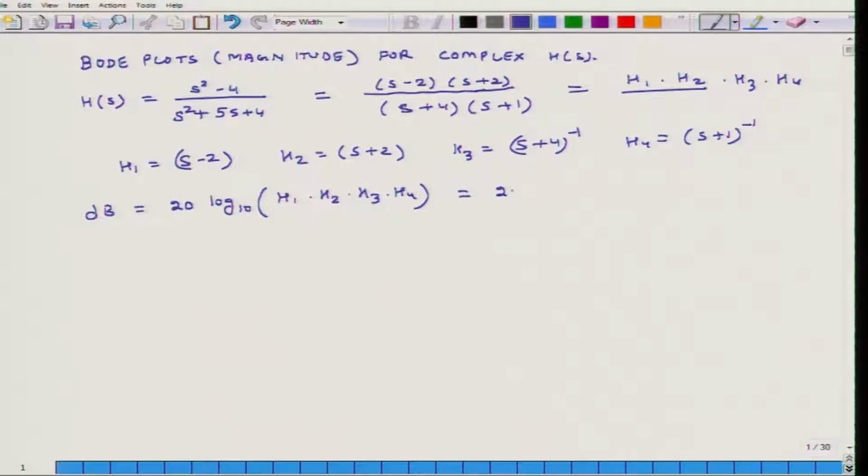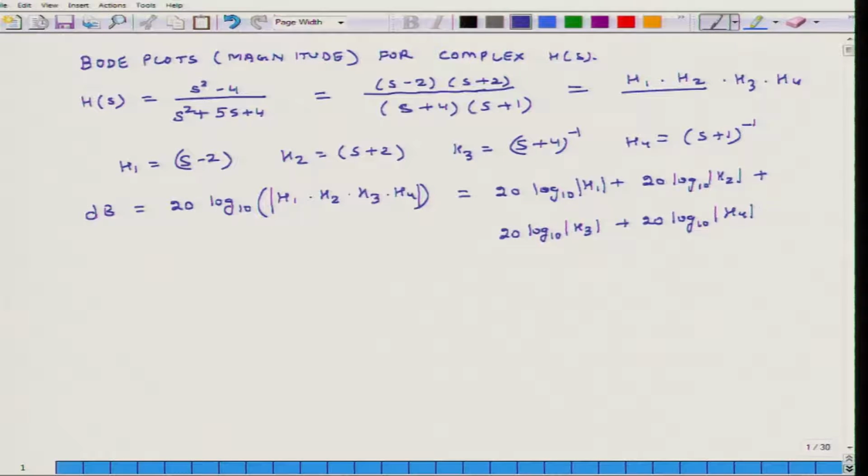So, it is equal to 20 log of h1 plus 20 log of h2 plus 20 log of h3 plus 20 log of h4.